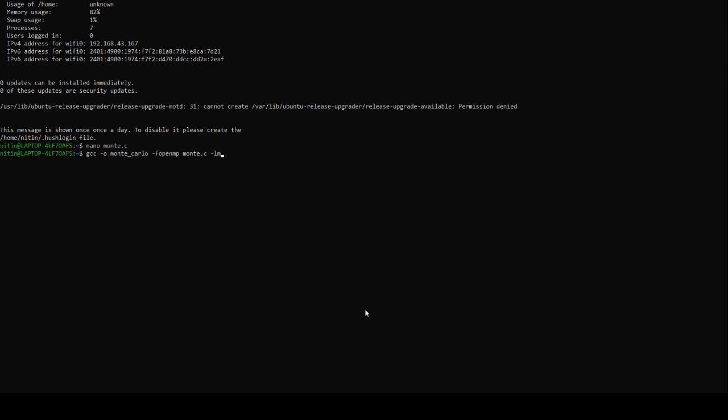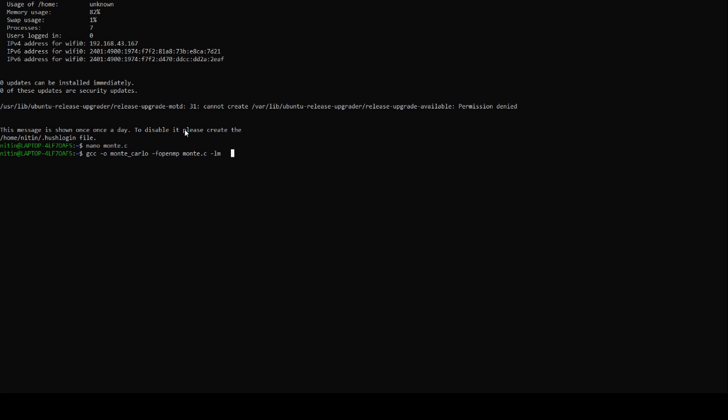Now let us just execute this code. Of course, as I said, it's the GCC compiler that I'm using. O Monte Carlo, this is the compiled file's name. Then of course -fopenmp, because we are using the OpenMP distribution in GCC. We are compiling the file monte.c, and since we are using the math.h library, the point is math.h library does not work after Ubuntu 12.